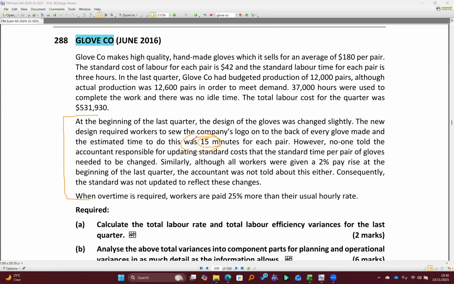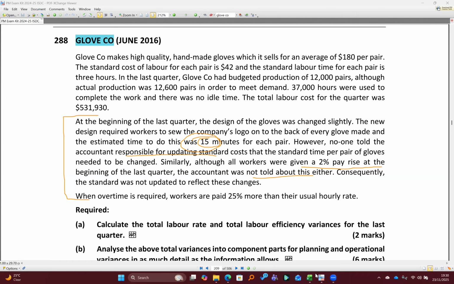Which means that the revised standard hours should have been actually not just the hours that we have used before. We should have added 15 minutes there. But no one told the accountant, so the accountant didn't update. Also, although workers were given a 2% pay rise, the accountant was not told, so they did not account for that.